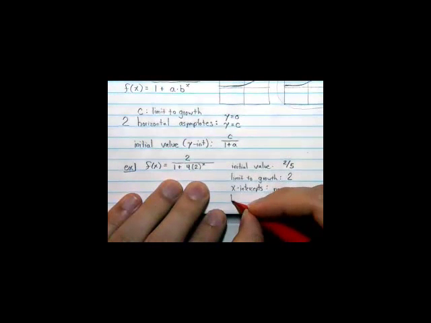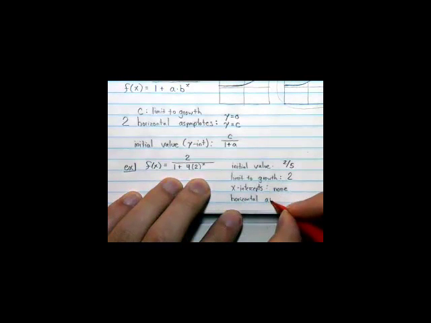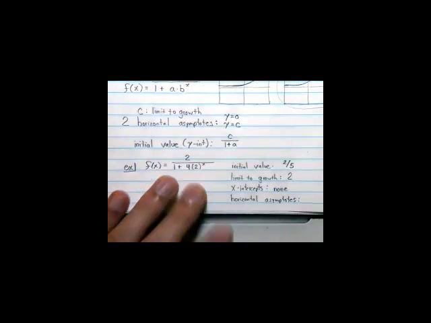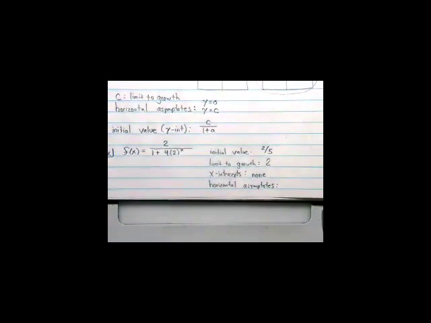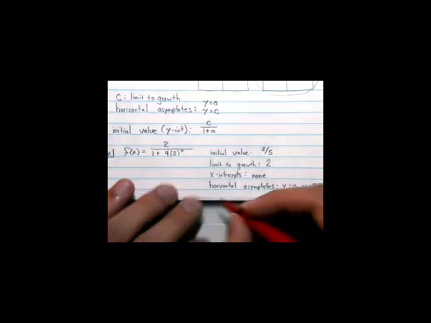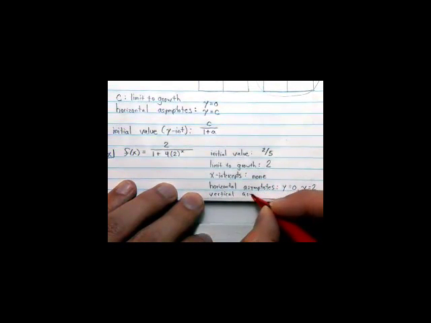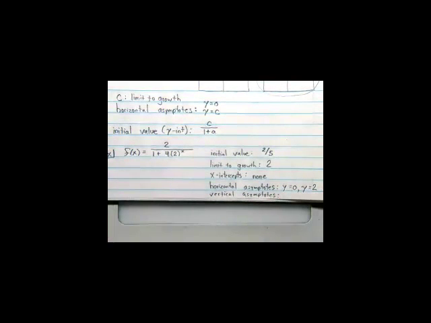How about horizontal asymptotes? For this particular function, what would be its horizontal asymptotes? Yeah, y equals 0, y equals 2. And since I got a little room here, what would be its vertical asymptotes?